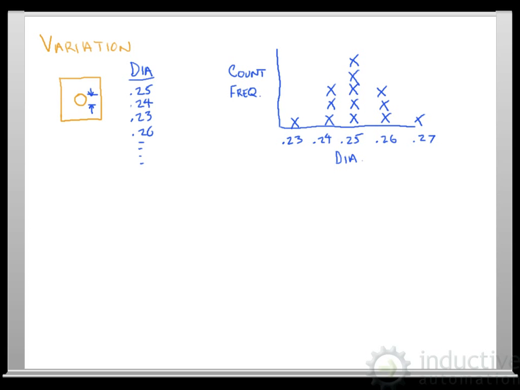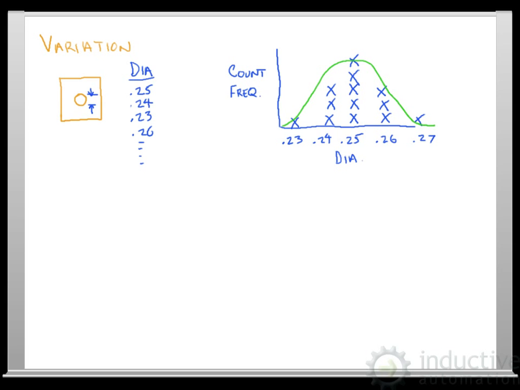And this pattern, for a healthy process that's normal, is going to just generate a real nice, what we call, bell curve. So it starts out down here, and it forms a curve like this.